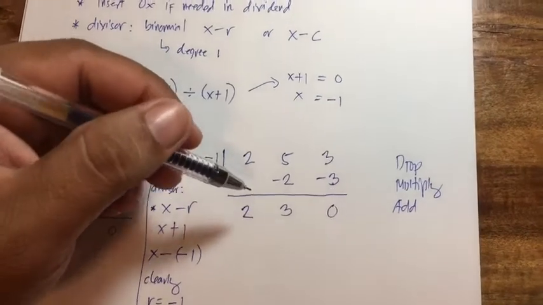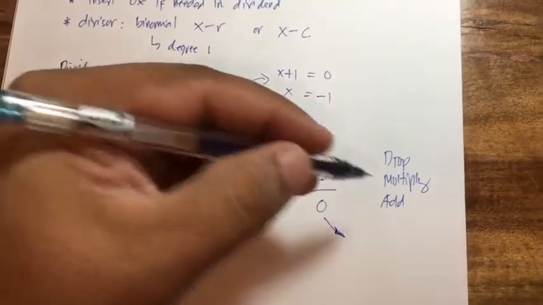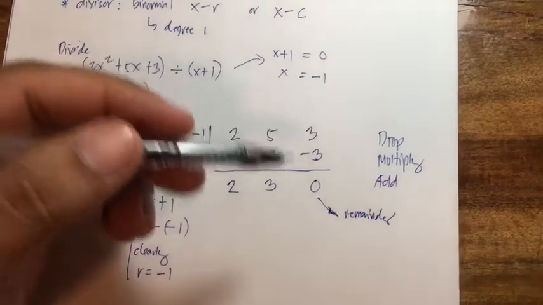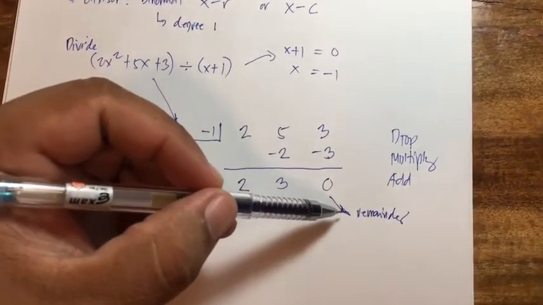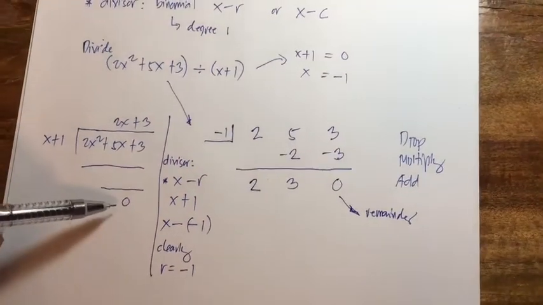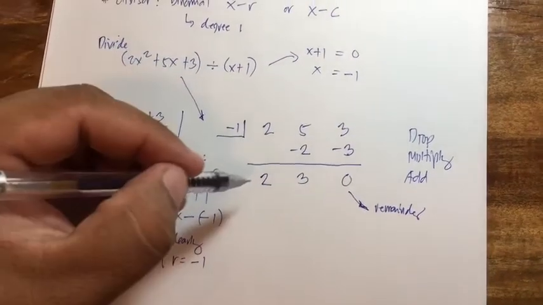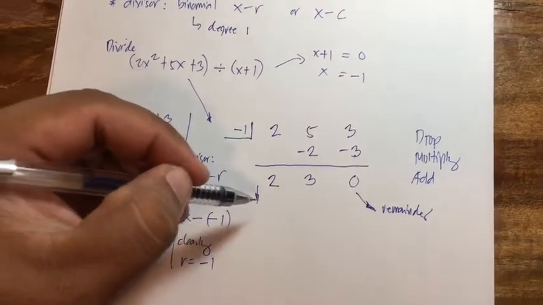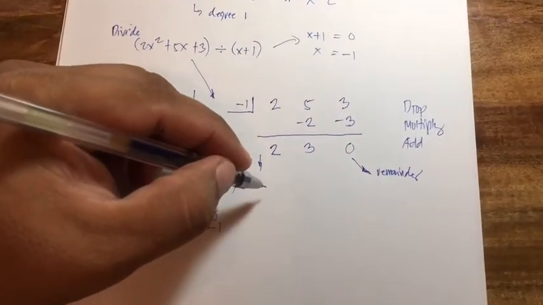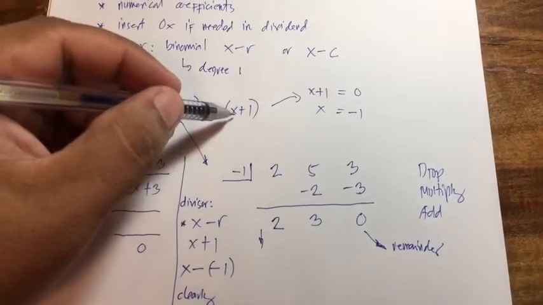So we have here 2, 3, and 0. This last number is referred to as our remainder. As you can see, our remainder from synthetic division is the same as before. These 2 and 3 are referred to as the coefficients of our depressed equation. What is x squared divided by x?